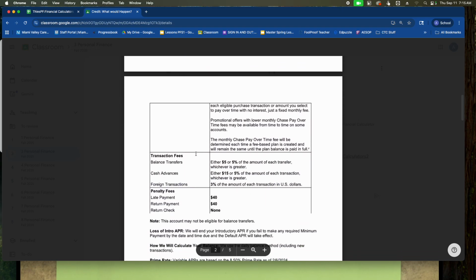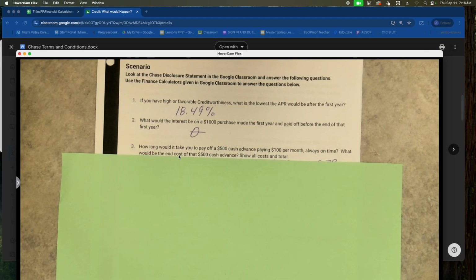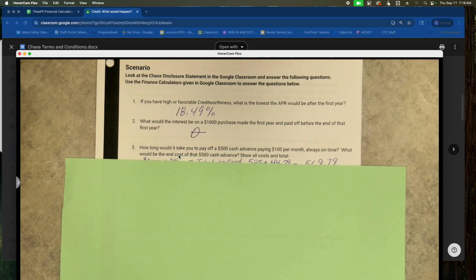So the 29.99 does not include this 0% fixed APR. And if we go down here also, I do need you to realize that under cash advances, you're also initially charged either $15 or 5% of the amount of each transaction, whichever is greater. So we are going to figure out what 5% of $500 is, which gives us $25.